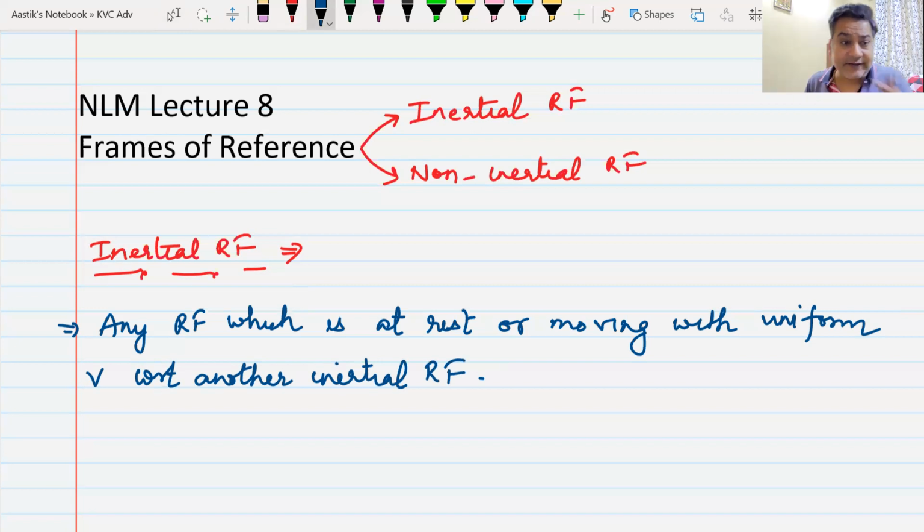So basically, we are defining an inertial reference frame from another reference frame, because remember, rest and motion are relative terms.